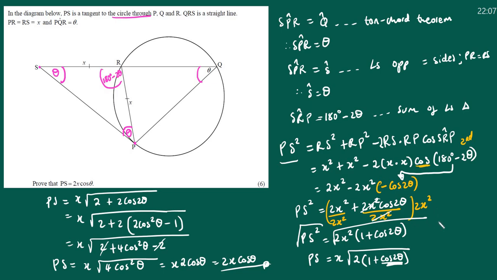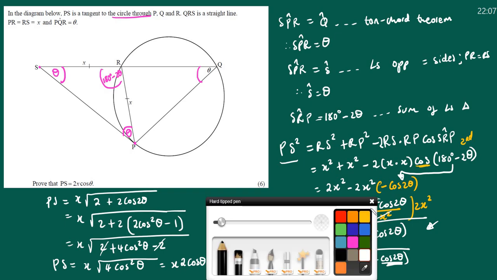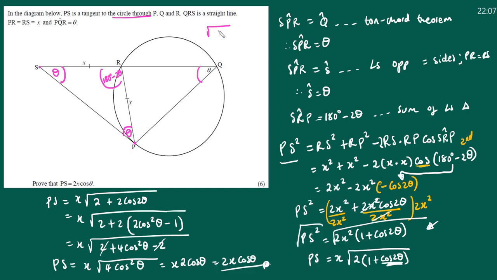Here we are using this law that we learned in grade 11, that you remember the root of AB is equal to the root of A times the root of B. So if I have the root of 2x squared, 1 plus cos 2 theta, I take this as A, so this will be the root of 2 times the root of x squared times the root of 1 plus cos 2 theta.